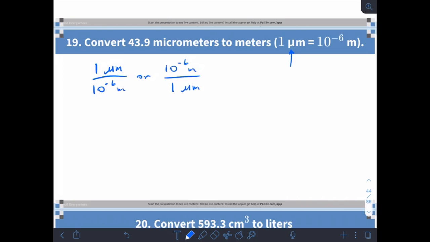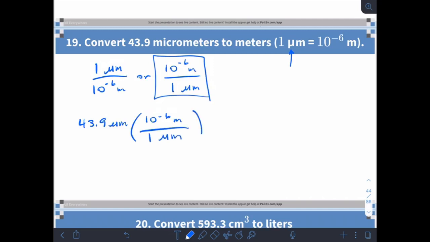I'm going to start with my given information, 43.9 micrometers, and I'm going to pick the conversion factor that has micrometers on the bottom, and that would be this one right here. So 10 to the minus 6 meters over 1 micrometer. My micrometers will cancel out, leaving me with an answer in meters, which is what I want.